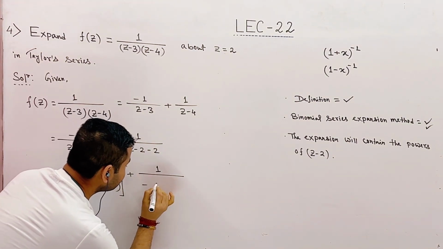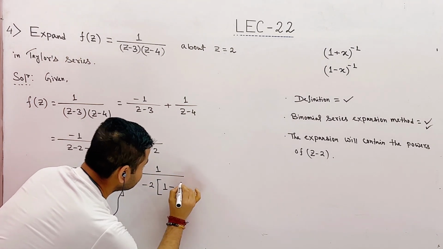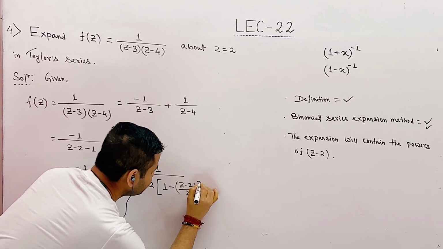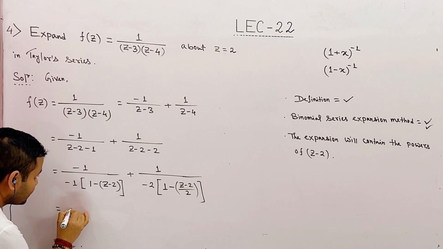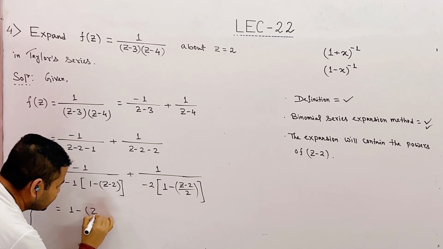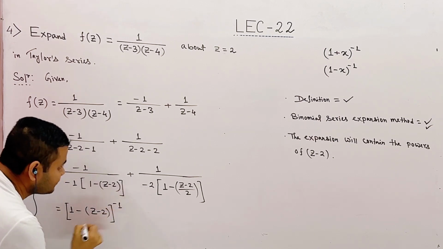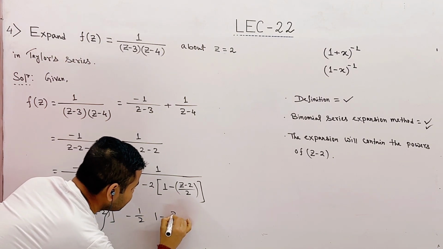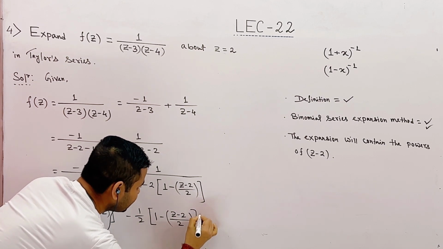So, finally, we will get minus 2 into (1 minus (z minus 2) divided by 2), bracket close. So, finally, this can be written as (1 minus (z minus 2)) whole to the power minus 1 minus half into (1 minus (z minus 2) divided by 2) whole to the power minus 1.